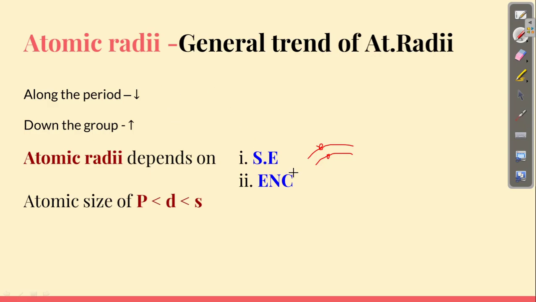Here the effective nuclear charge is more than the screening effect. So from this we can know that effective nuclear charge is inversely proportional to the atomic radii, and the screening effect is directly proportional to the atomic radii.